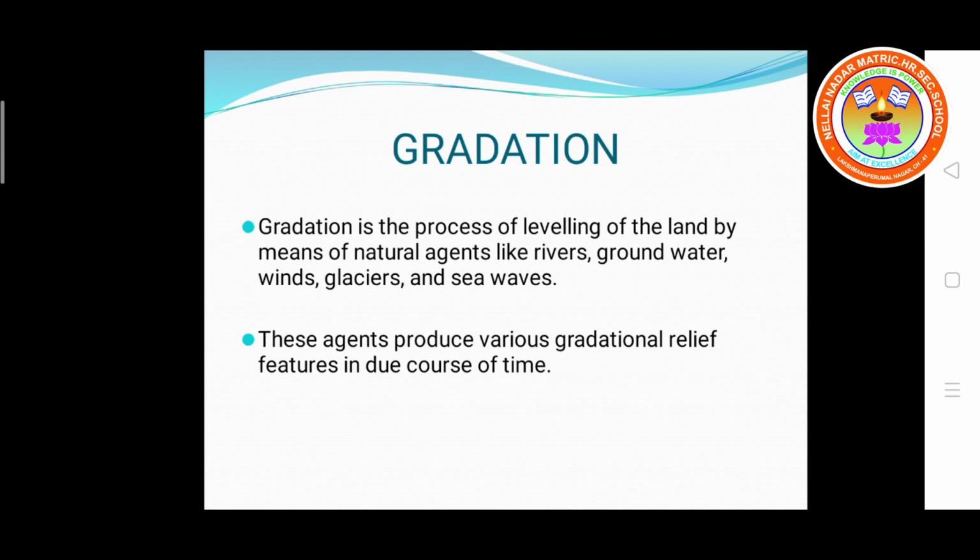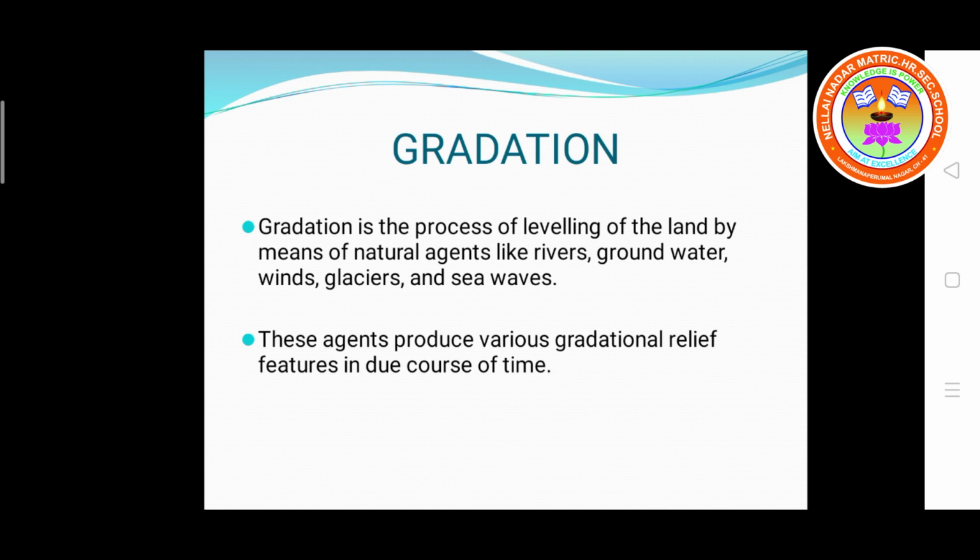So with the help of these natural agents, once a landform gets level naturally, then we call it gradation. See the second point. These agents produce various gradational relief features in due course of time.